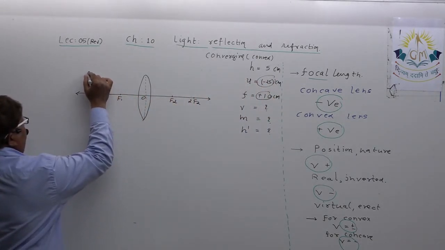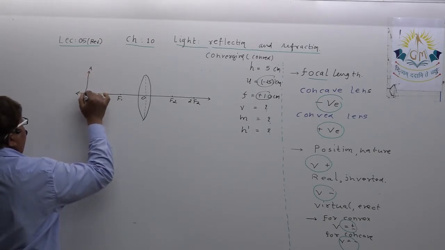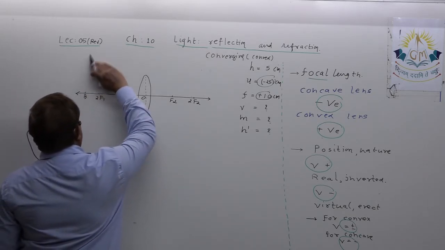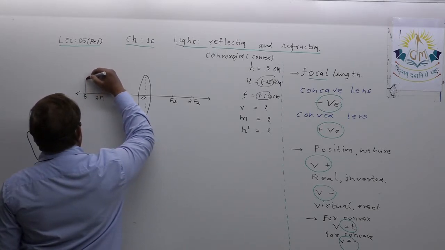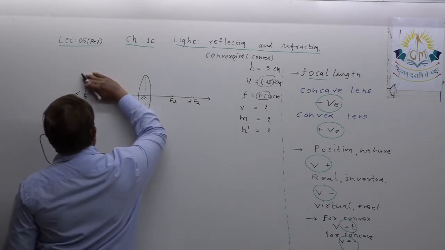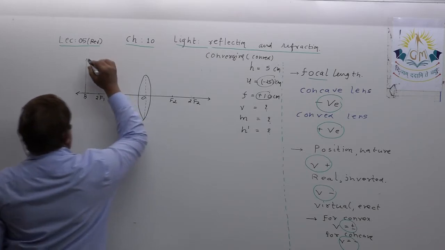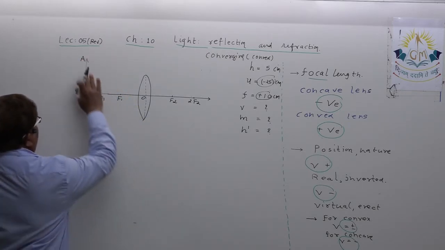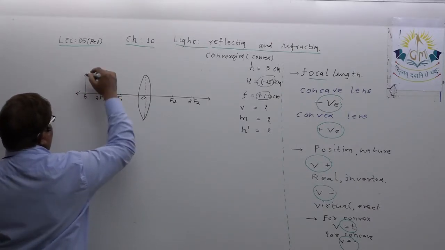That means away from the center of curvature, and you are extremely sure about the ray diagram if you have practiced them thoroughly, that whenever the object is kept away from the center of curvature, where you get the image, you must be knowing. Understand?